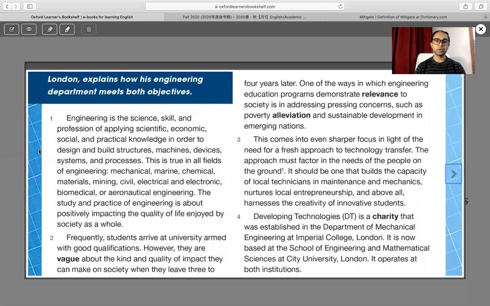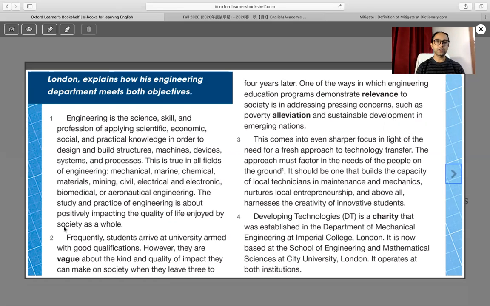This is true in all fields of engineering: mechanical, marine, chemical, materials, mining, civil, electrical and electronic, biomedical, or aeronautical engineering. The study and practice of engineering is about positivity, impacting the quality of life enjoyed by society as a whole. That's paragraph 1. Let's read paragraph 2 as well, since we are here.